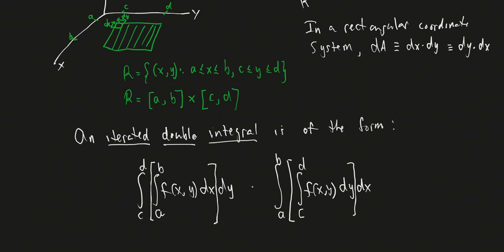And the interesting thing is, it turns out that whether we represent our dA as dx dy or dy dx, once we have a method of evaluation, they will produce the same volume, right? So we will actually have a choice as far as how we go about evaluating this iterated double integral.